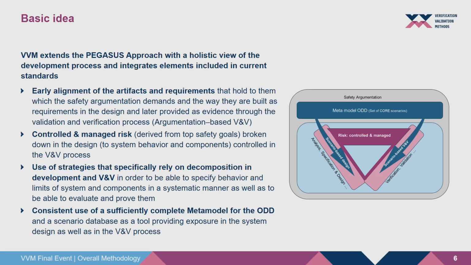And then to control and manage the risk in specifying the behavior of our system, as well as control it in the validation and verification part of it. And the third idea is to use the same model or the same representation of our operational design domain on the left and on the right side in specification as well as in verification and validation.